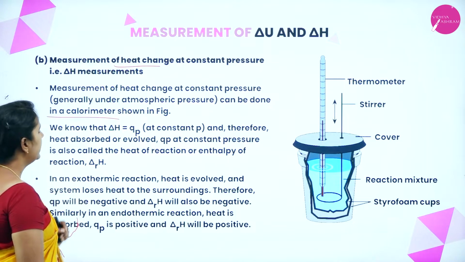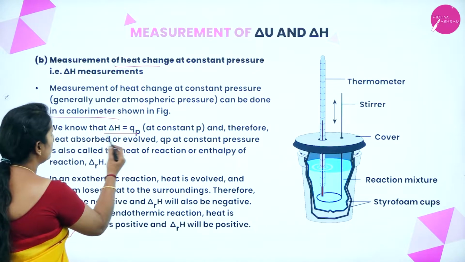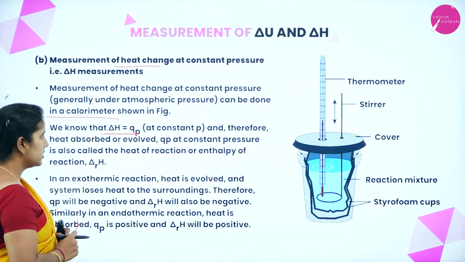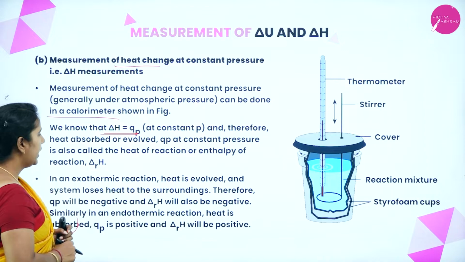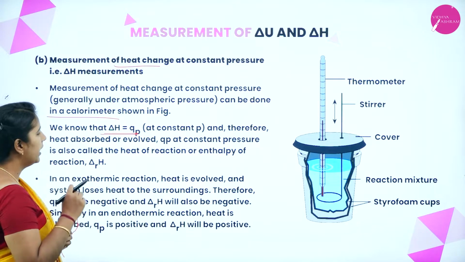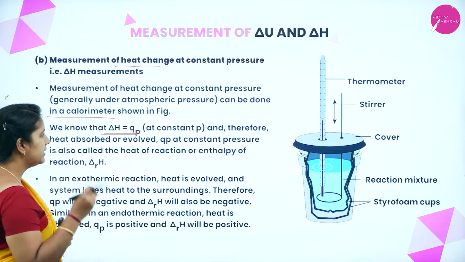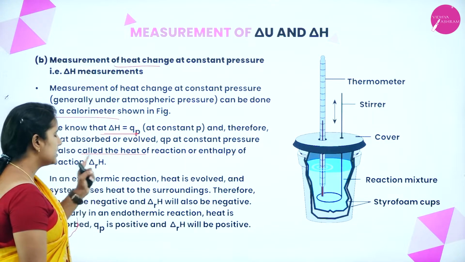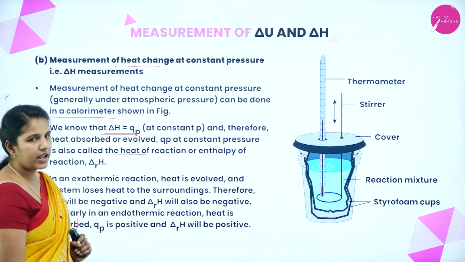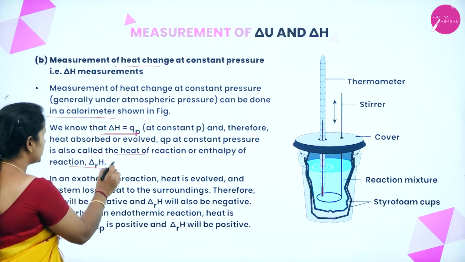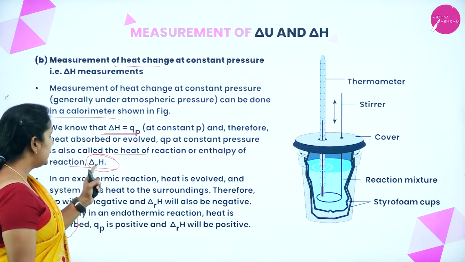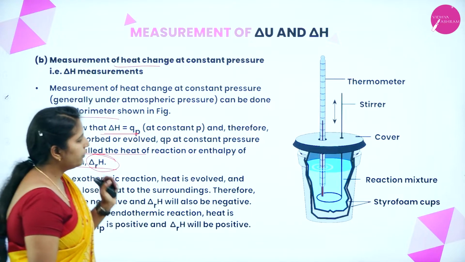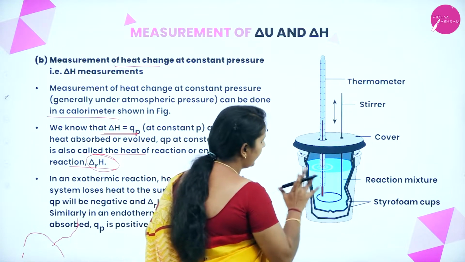So, we know that delta H will be equal to Q at constant pressure. Therefore, the heat absorbed or evolved at constant pressure is also known as the heat of reaction or enthalpy of reaction, and it can be written as delta rH. So, for this, they use a specific calorimeter.